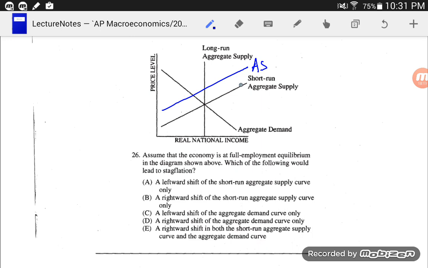What causes that is what we just said, that shift in the aggregate supply curve, and so it's that leftward shift on the short run aggregate supply curve only. It's not a rightward shift on aggregate supply, it's not a change in aggregate demand, and it's not a shift in both of those things. So yes, I'll go with A.